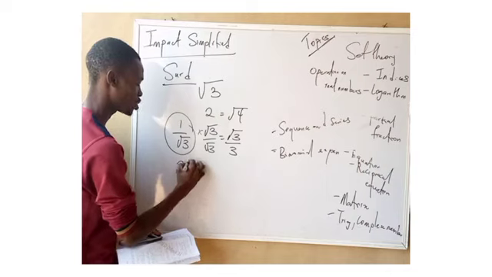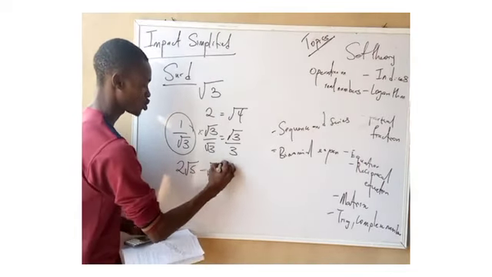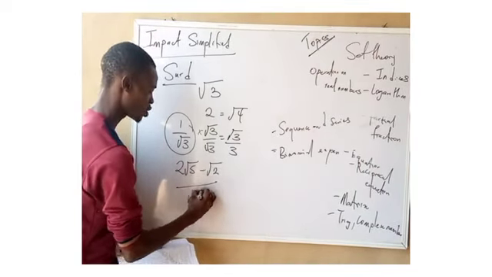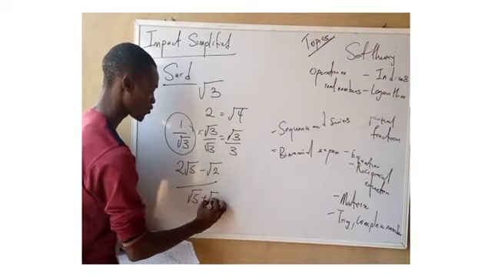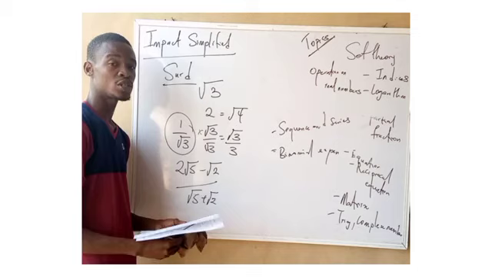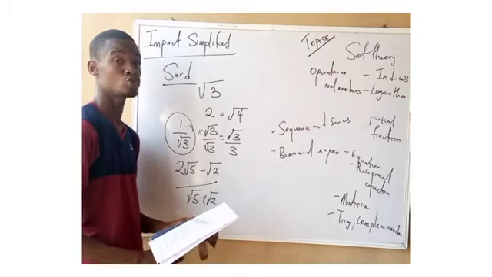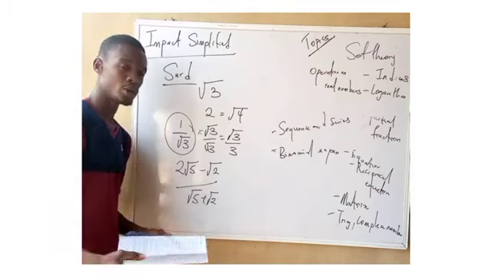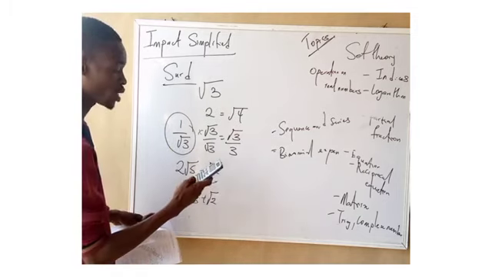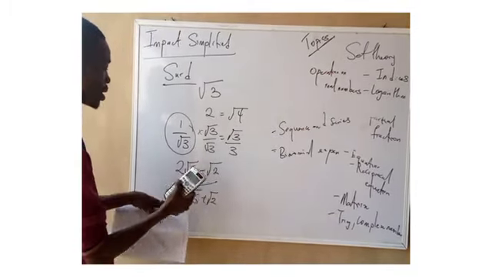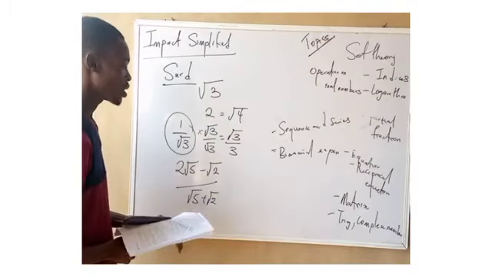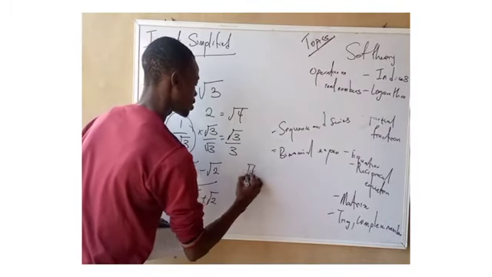Let's assume we have the square root of 5 minus the square root of 2 over the square root of 5 plus the square root of 2. How can we solve this? We are going to multiply by the conjugate of the denominator. But yet, since we have our calculator, yours is just to press the division sign. If you look at your calculator, there is a symbol like this.